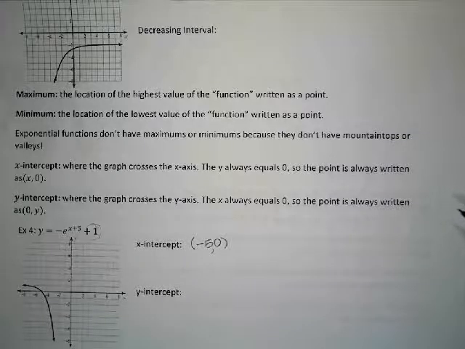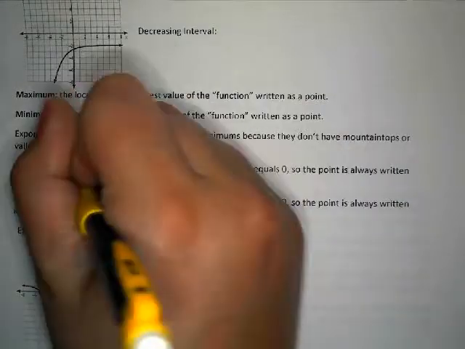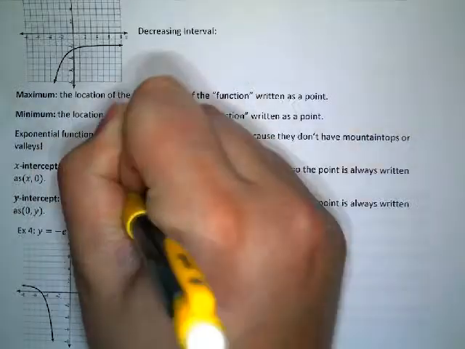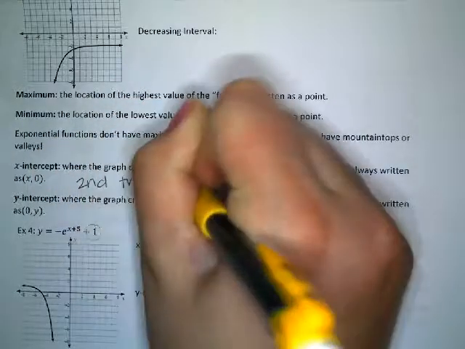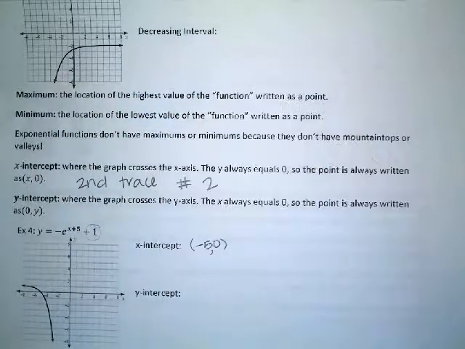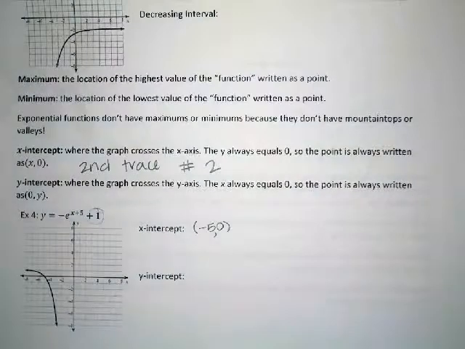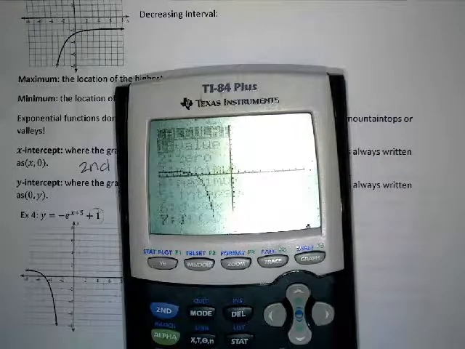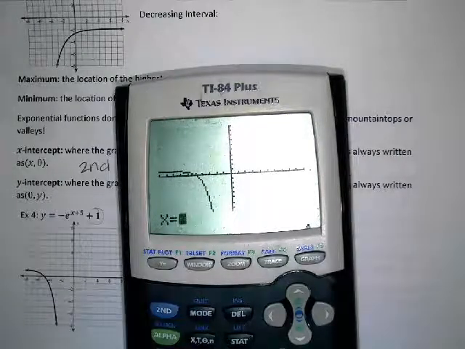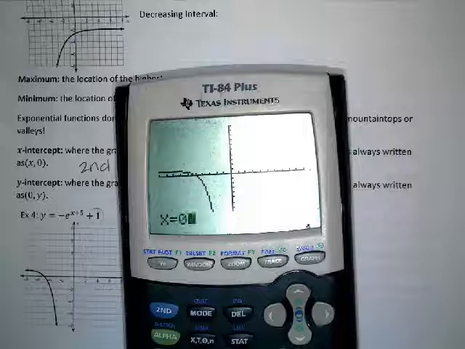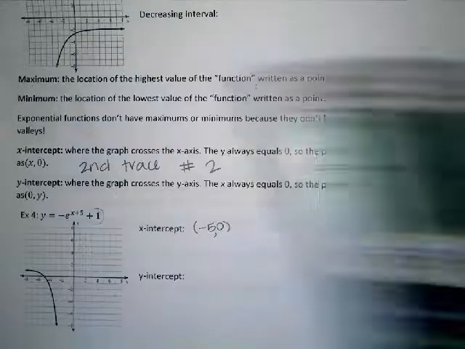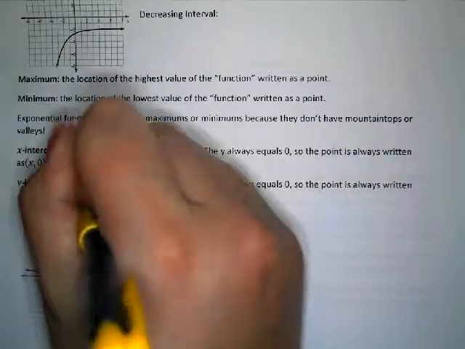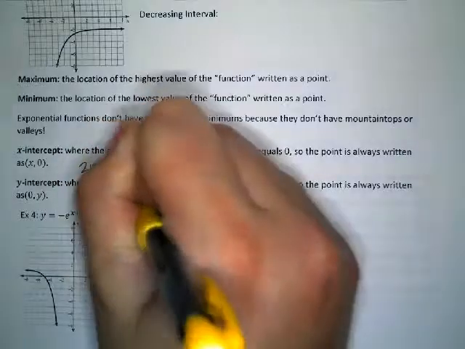Not always, no. So second trace, number 2. Okay. How do we find the y-intercept? Second trace, number 1, plug in 0. Okay. Wait, so to find the exact x value, don't you have to move a little bit or something?